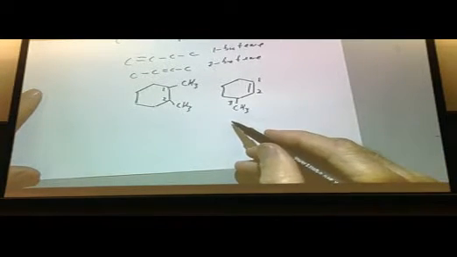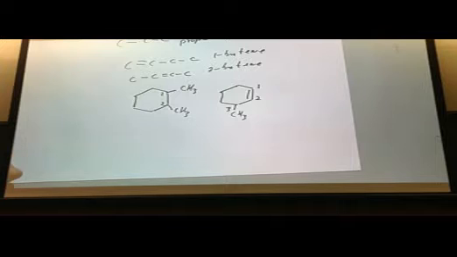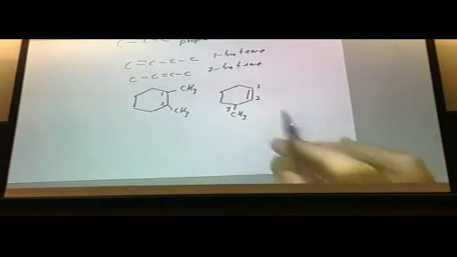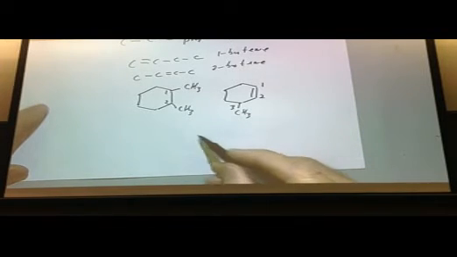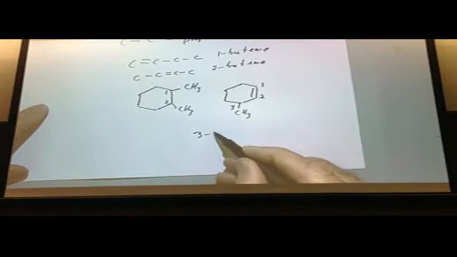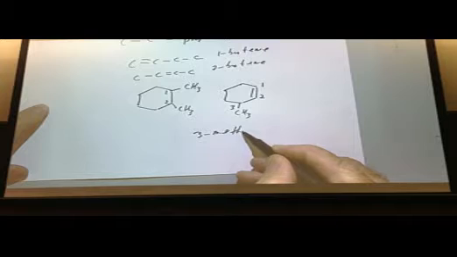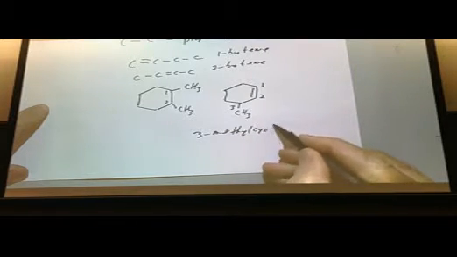So, you don't need to indicate the position of the double bond in the ring. That is special. That gets to be number one. Okay? So you don't need to say this is 1-cyclohexene. All you need to say is 3-methylcyclohexene. And you might say, where's the double bond?